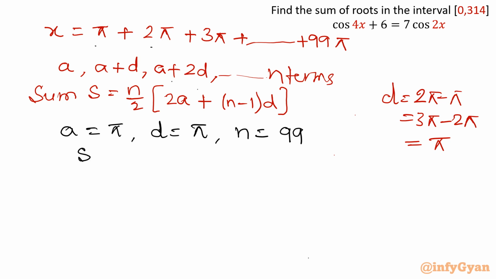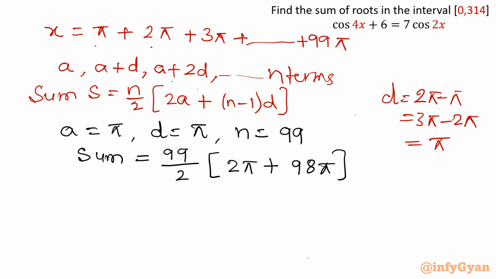Now let's find the sum. Sum is equal to n by 2, so 99 over 2, times 2a, so 2 pi, plus n minus 1, so 98, into d, pi. N minus 1 means 99 minus 1, 98. Now it is 99 over 2 into 98 plus 2, that is 100, pi.